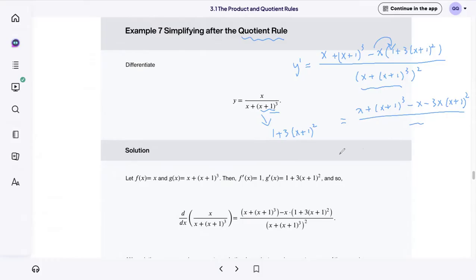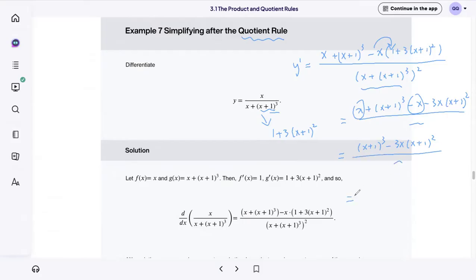For the denominator, I'm going to skip writing it. So x minus x becomes 0. Okay, so I have x plus 1 raised to 3 minus 3x times x plus 1 squared.